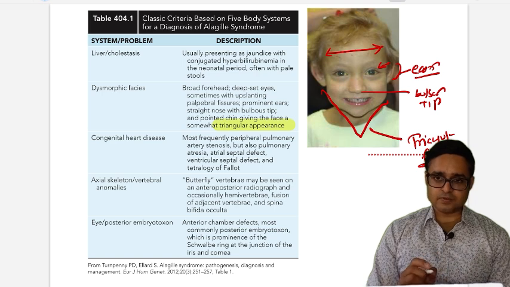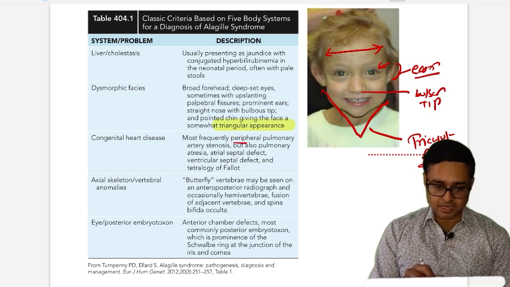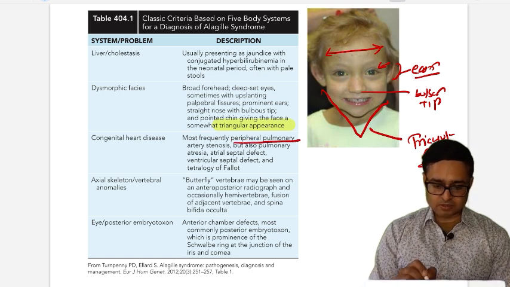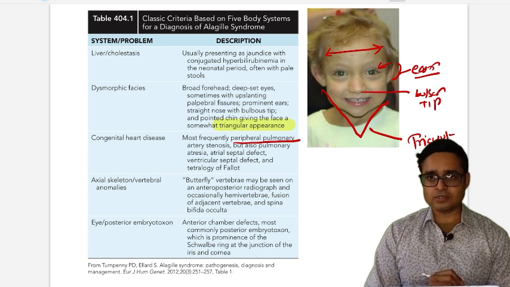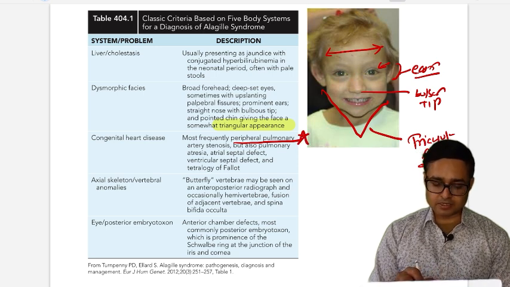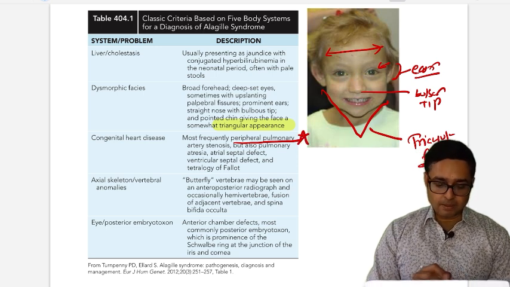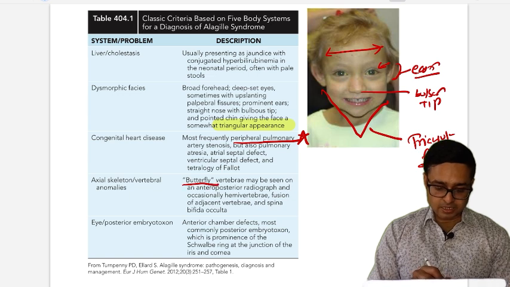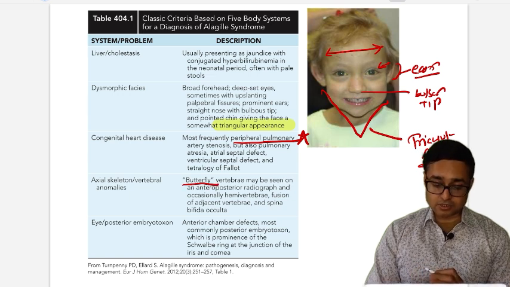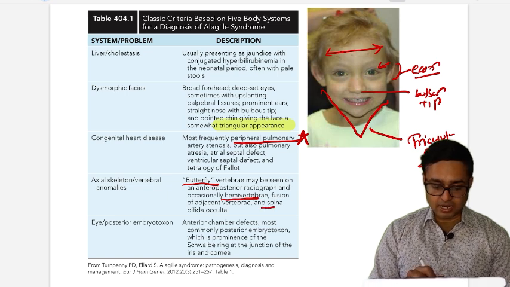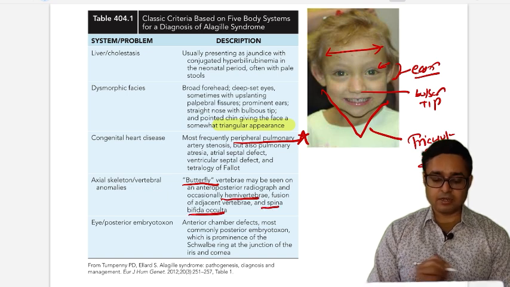Congenital heart disease, as we saw earlier, is peripheral pulmonary stenosis. Other conditions are seen, but peripheral pulmonary stenosis is important. Butterfly vertebra in skeletal disorder is important. Others are hemivertebrae or spina bifida occulta.